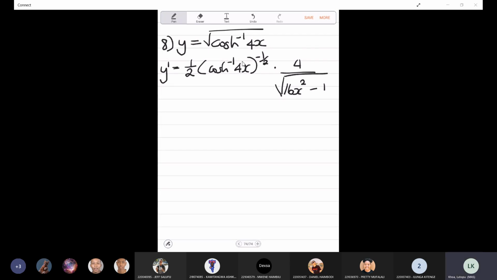Okay, so we can always rewrite that so that it looks better. So this is equal to 2 over the square root of hyperbolic cos inverse of 4x, 16x squared minus 1, like that.